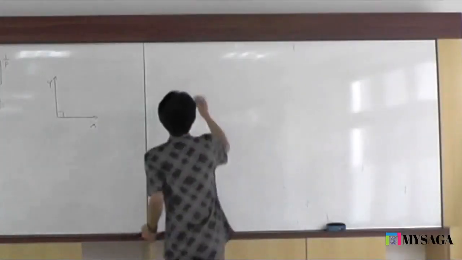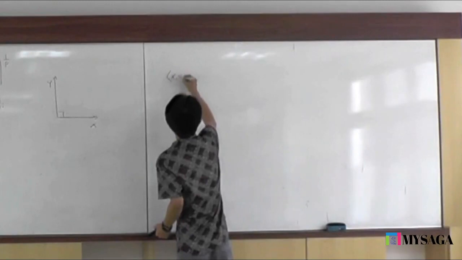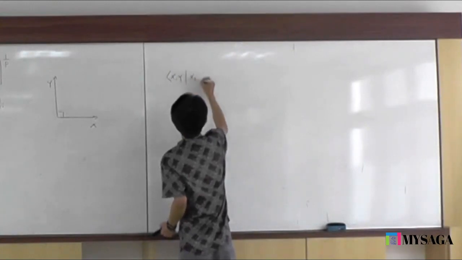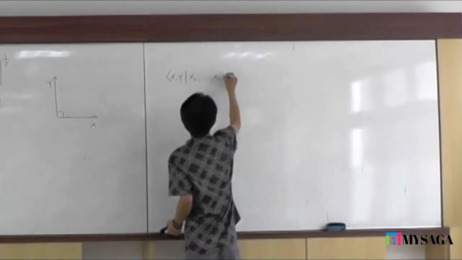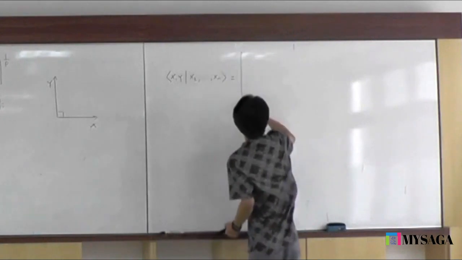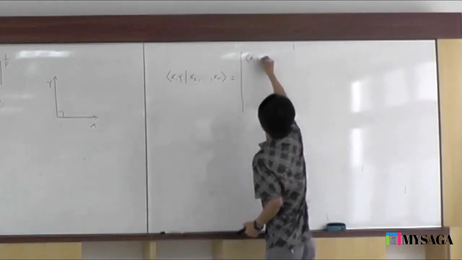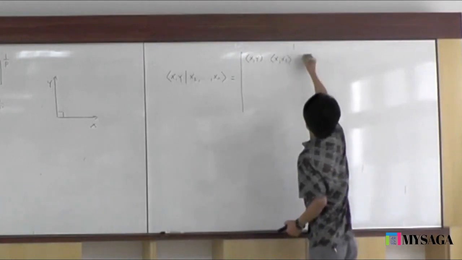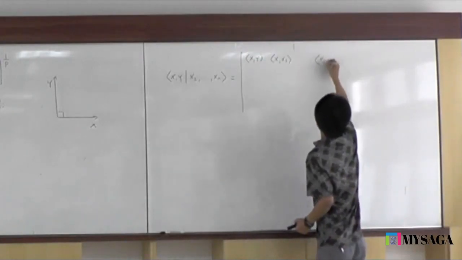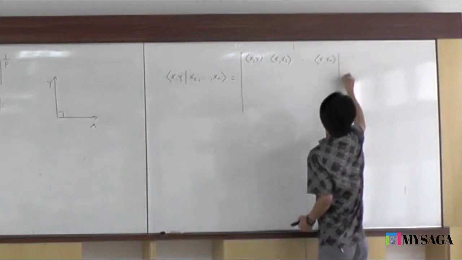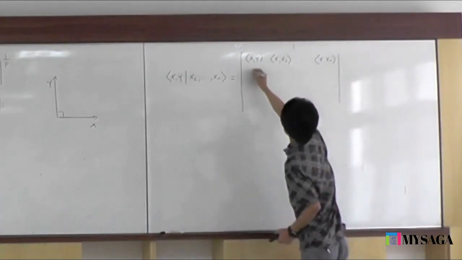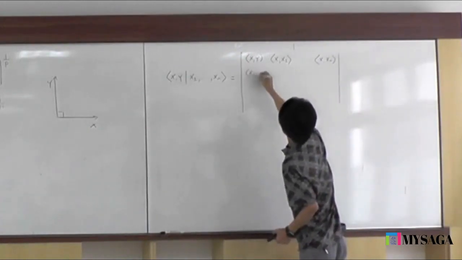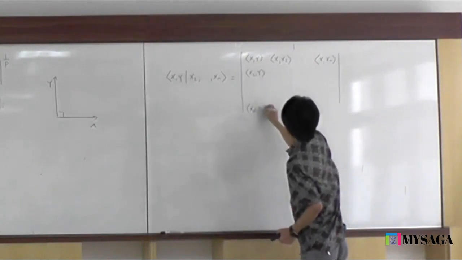Now I will write down here the determinant with x, x2 up to xn in the first row: xy here, and then x2, xn, and here x2 y, xn y.